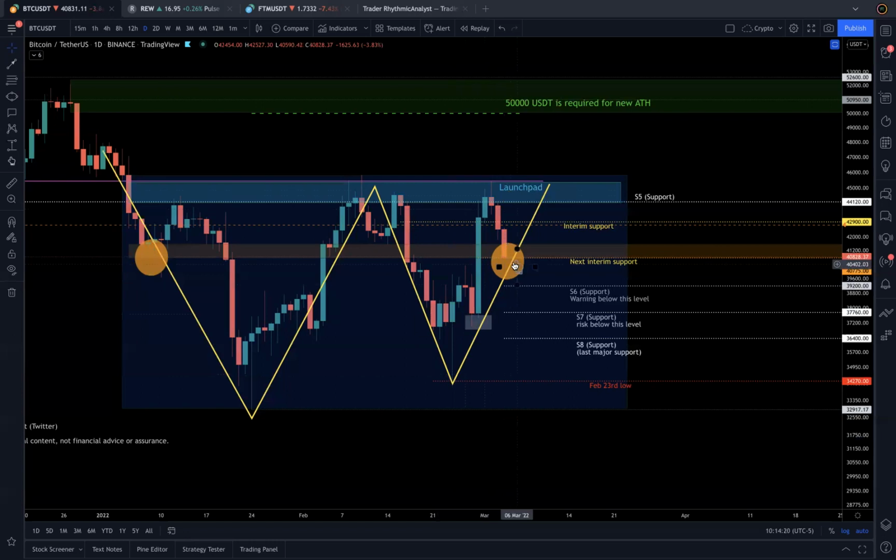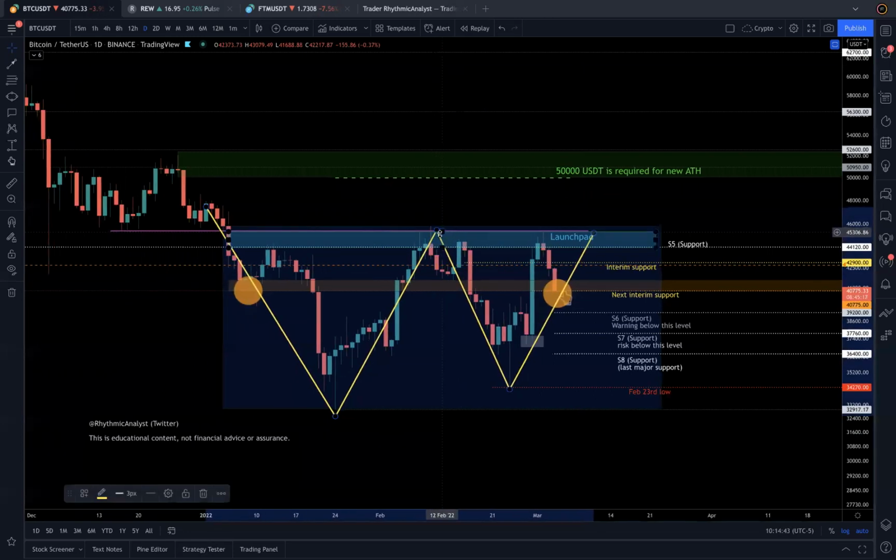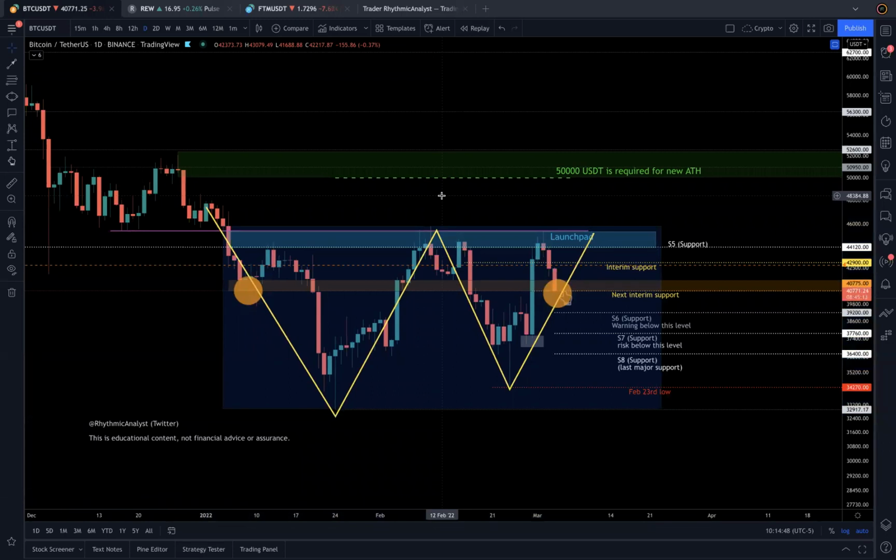Okay, so if it comes down and goes below S6, then it's trouble. Then it will be in trouble for sure. And these are the different levels. You have to decide what you want to do when. But from my point of view, I just wanted to make sure that everybody understands, from at least a technical point of view, what the key levels are, what is happening, what might happen if certain levels are broken, and so on.